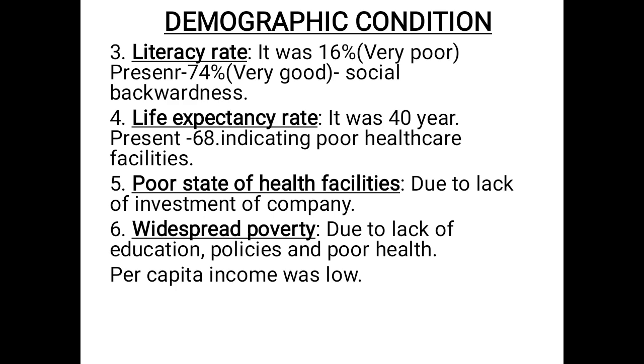Due to lack of policies, the British government formulated very exploitative policies for Indians, and per capita income of Indians was very low at the time. So this is all about the demographic condition on the eve of Indian independence.